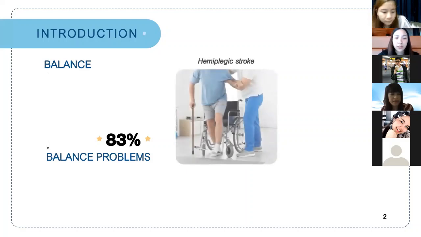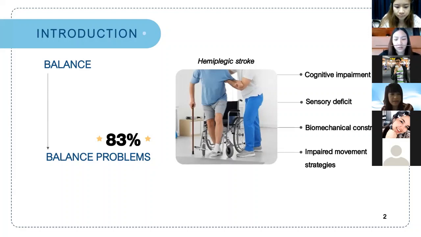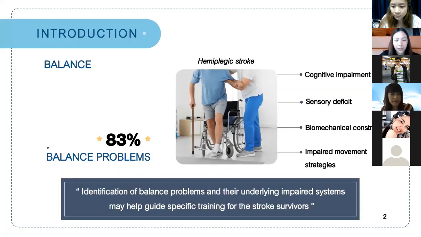Stroke patients usually have balance problems. It's known that functional balance problems can affect multiple systems. Balance is important for safety during activity. So identification of balance problems and their underlying impaired systems may help guide specific training for stroke survivors.